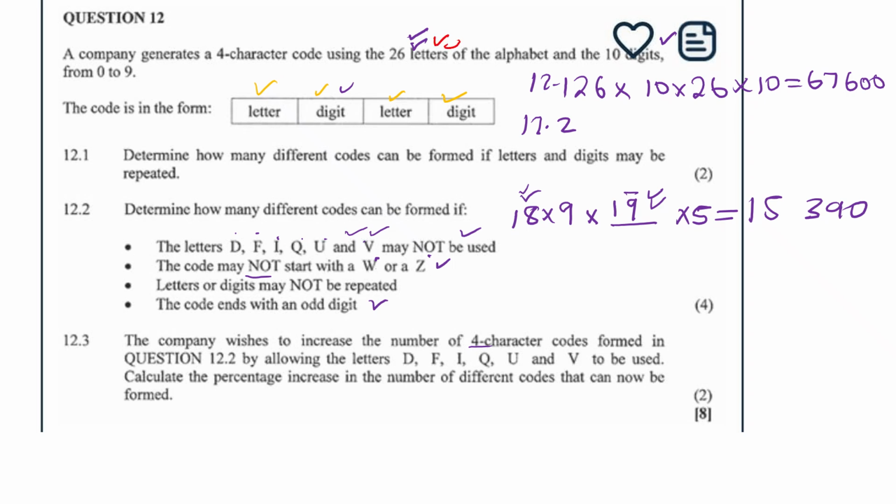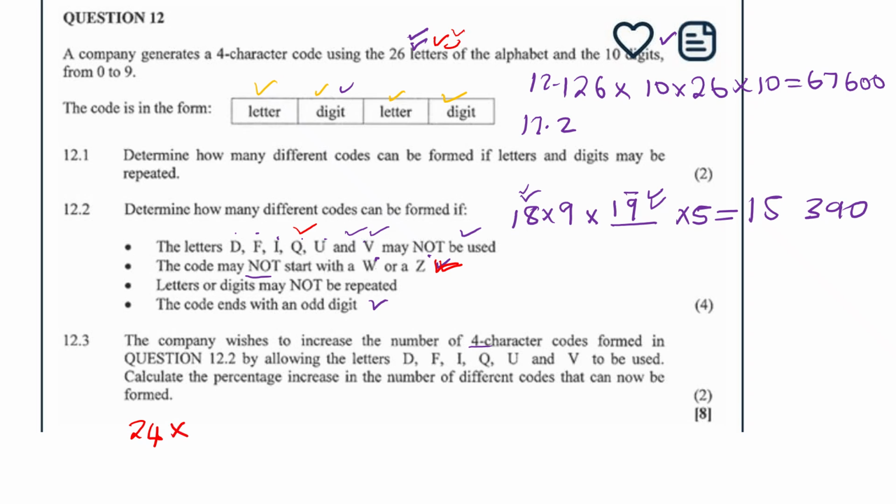Therefore the first letter, because D, F, I, Q, U, and V can now be used, but this rule still applies. The code may not start with W or Z. Therefore for us to start a code, we have 24 letters because out of 26 letters, we are minusing W and Z, multiplied by.